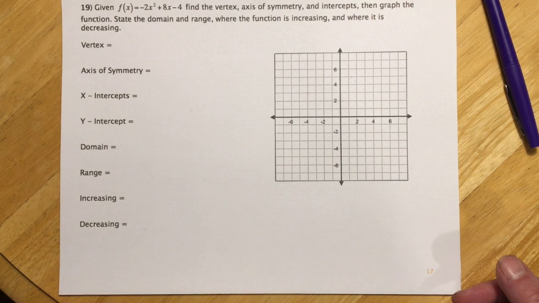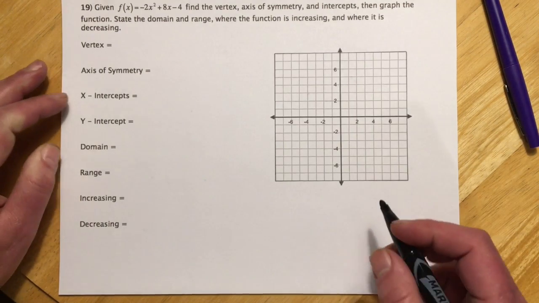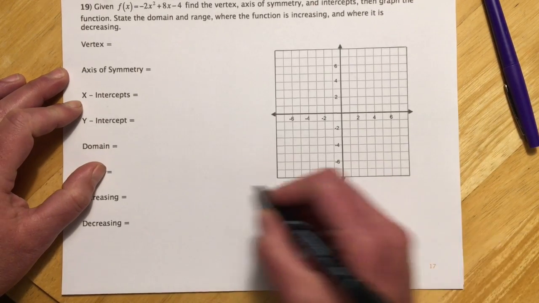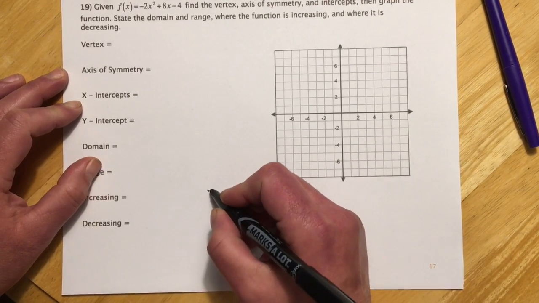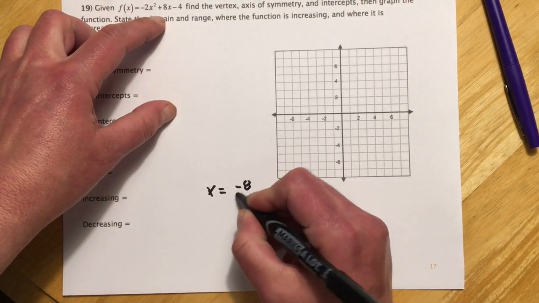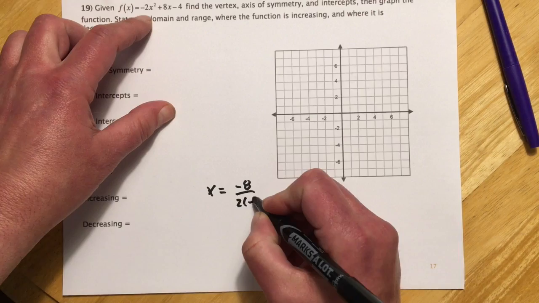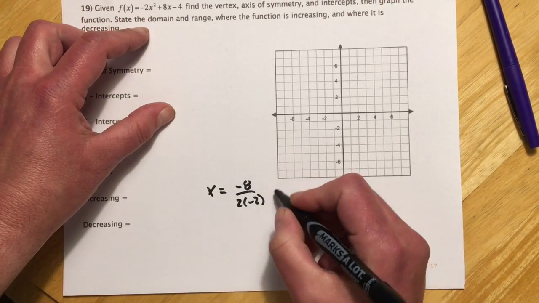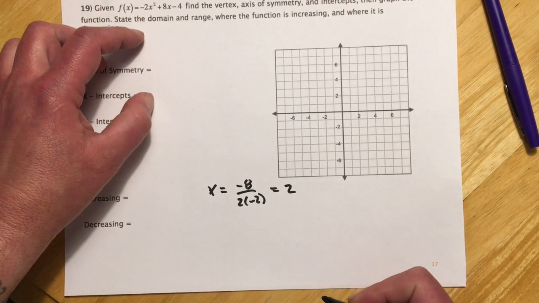Okay, so this one, all kinds of questions. So we'll do vertex first. I'll do x equals negative b over 2a again. So that's going to be negative b, which is negative 8, over 2 times negative 2. So double negatives will be positive, and 8 over 4 makes 2.